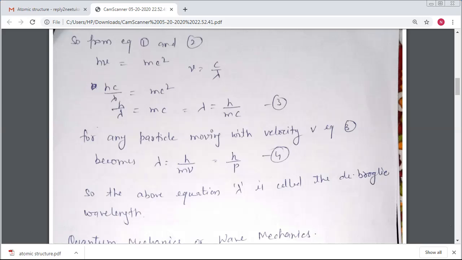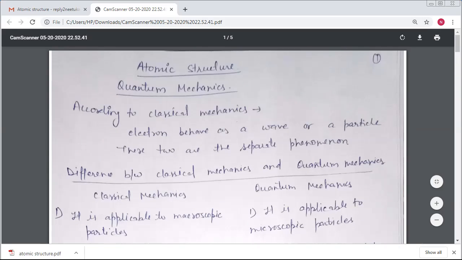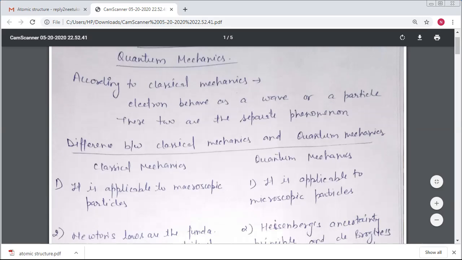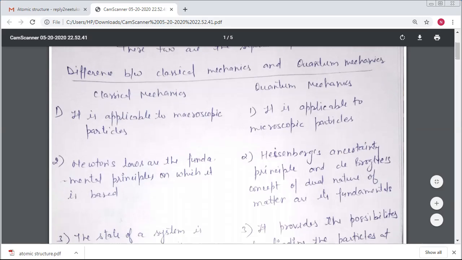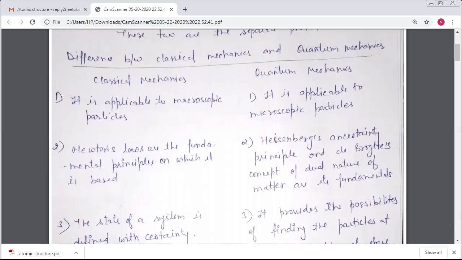Here is one important point, that is the difference between classical mechanics and quantum mechanics. The classical mechanics is applicable to macroscopic particles, and quantum mechanics to microscopic particles.